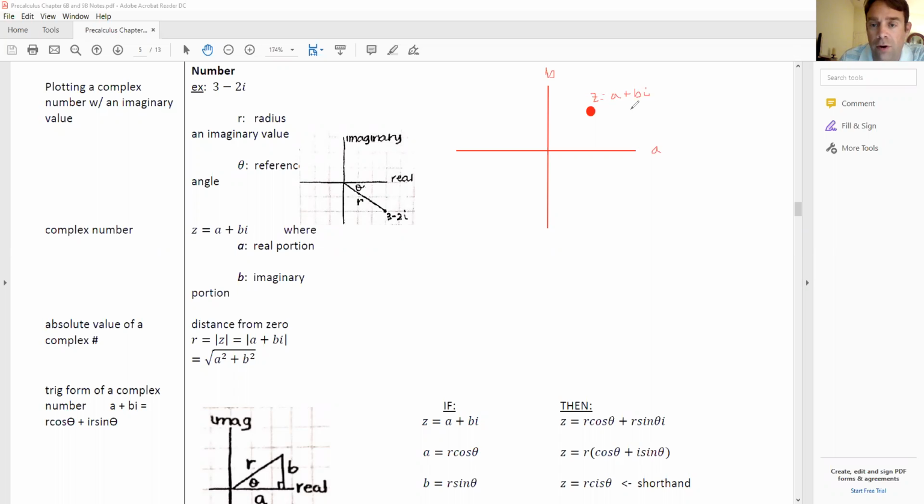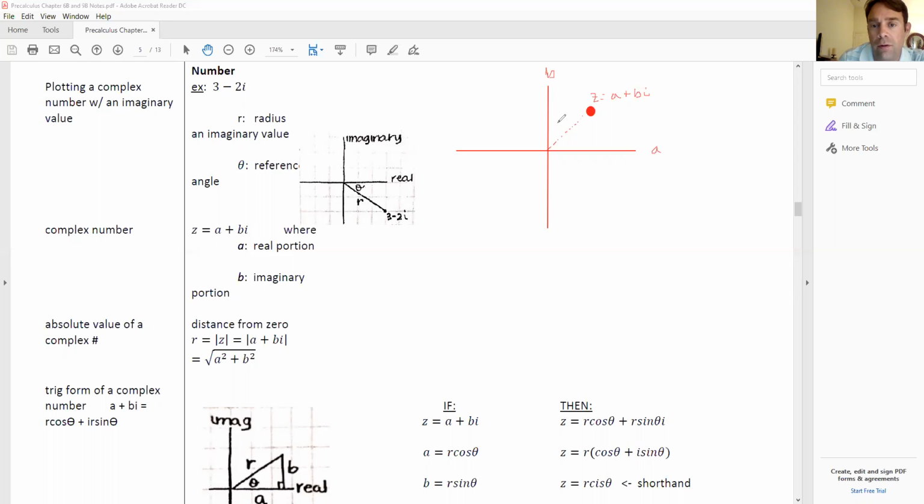And so we were able to get our A coordinate, which is really the X, and the B coordinate, which was essentially a Y. We were able to graph it on an XY axis, and we dealt with that earlier in the year. Then from there, we were able to figure out the absolute value, or the distance it was from 0, 0.